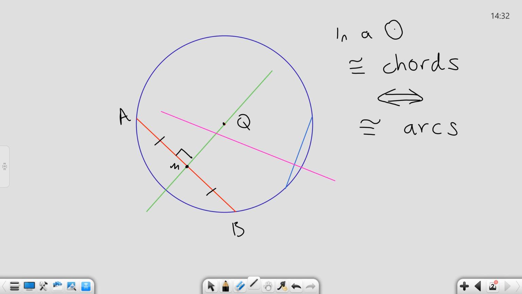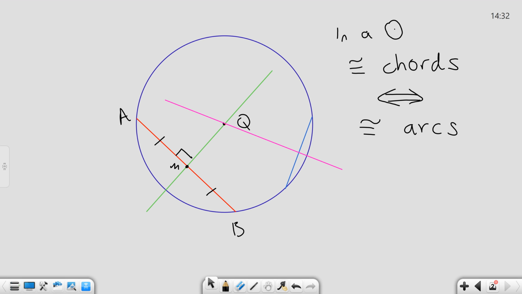Whoa, I missed again. It passes through the center of the circle. Okay? Any problems? Is all this stuff pretty obvious when you see the picture?